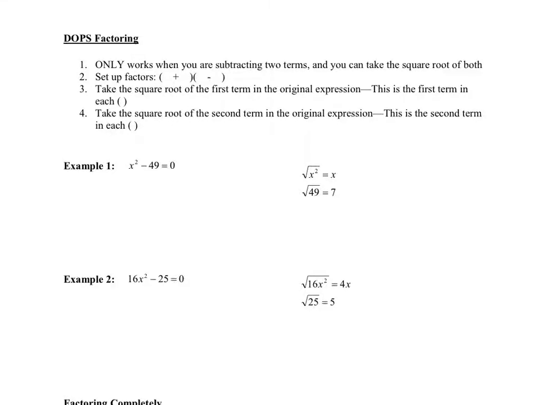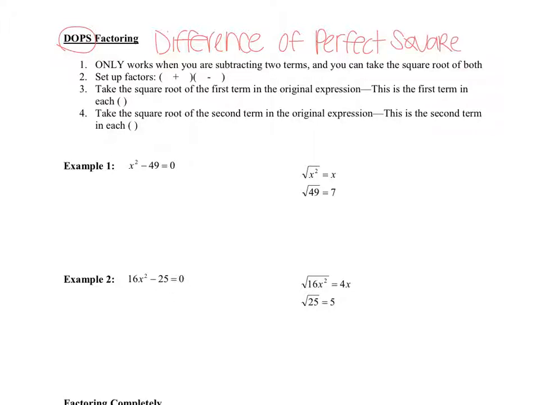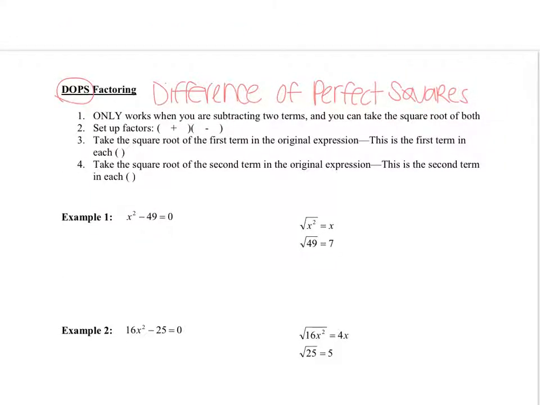Okay, so our last type of factoring is with DOPS, and this stands for the difference of perfect squares. Difference meaning subtraction.